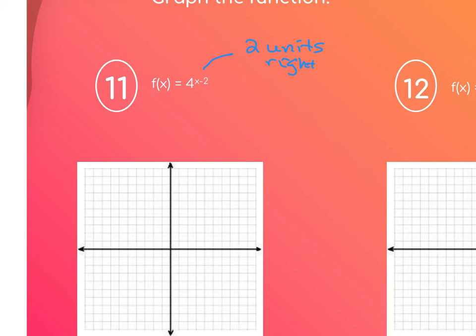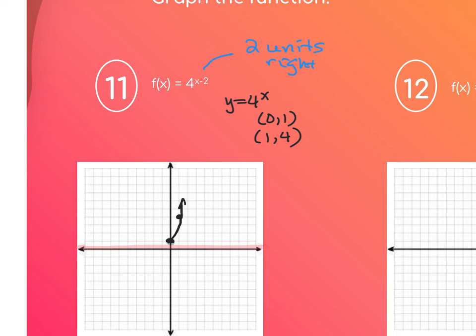So let me go ahead and graph now y equals 4^x. So plugging in 0 gives me 1. Plugging in a 1, 4 to the first is just a 4. So let me graph those 2 points. Put on my asymptote, 0, 1, and 1, 4.